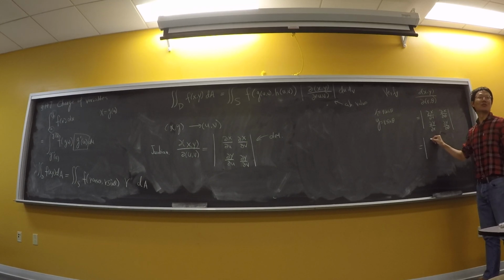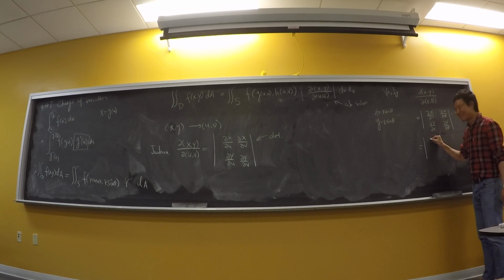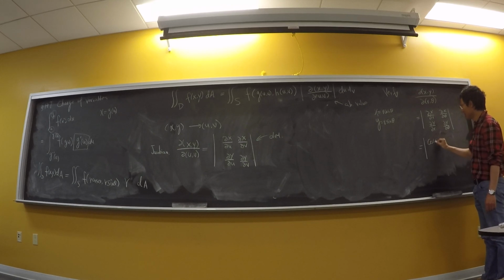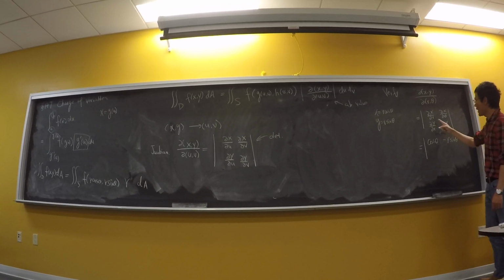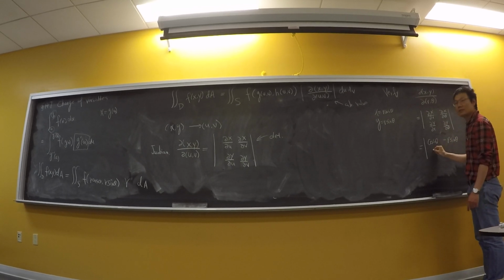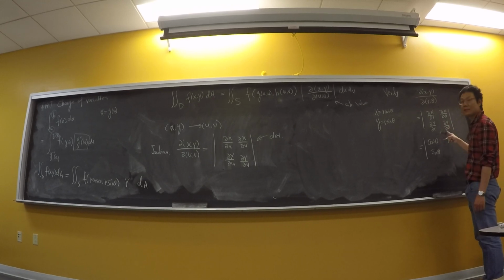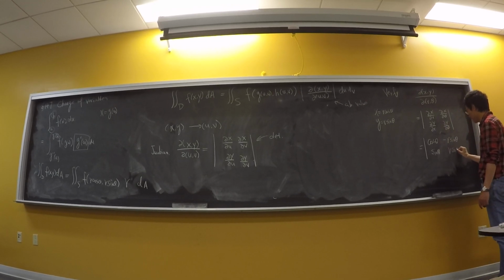Going from integrals to derivatives, it should be a much better application, right? So it's cosine theta, partial x partial theta is minus r sine theta, partial y partial r is sine theta, partial y partial theta is r cosine theta.